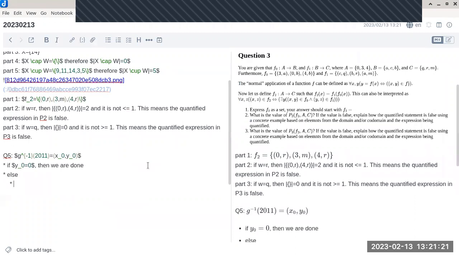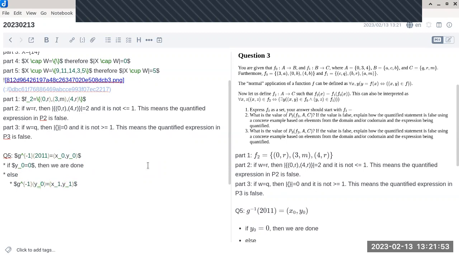Else, you're not done. What does it mean if we're not done? Then you have to apply G inverse to y0, and it's going to give you x1 and y1. Okay, with subscripts and all the good stuff. There we go. Does that make sense?